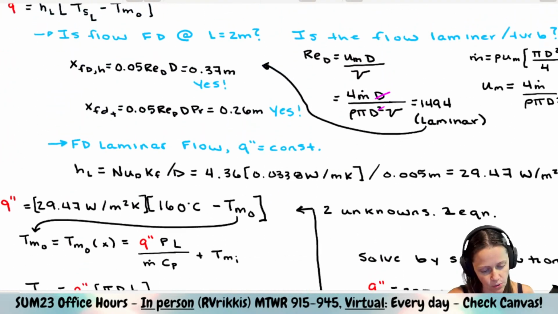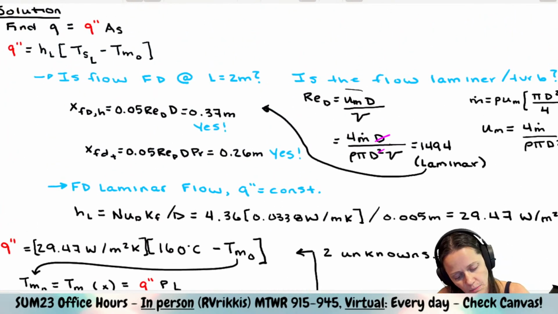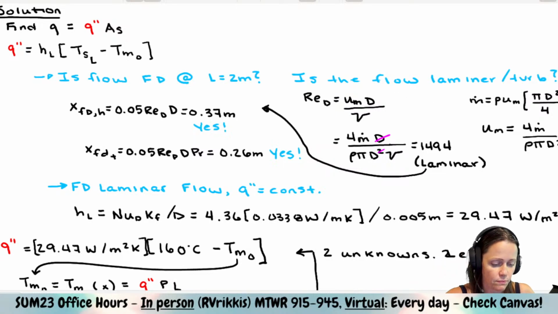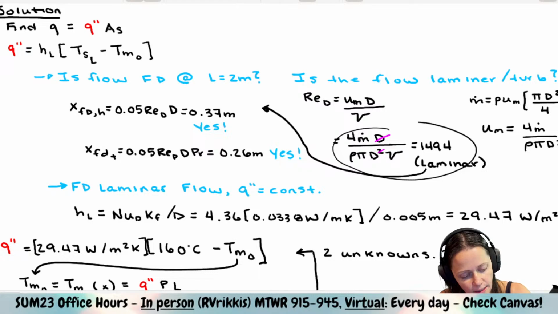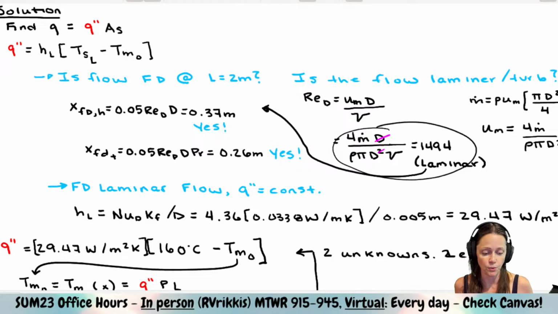The effect is going to be on this. The mass flow rate would increase, and that would increase the Reynolds number by a factor of 10. So instead of a Reynolds number of 1494, you'd have 14,940, which would definitely be turbulent.